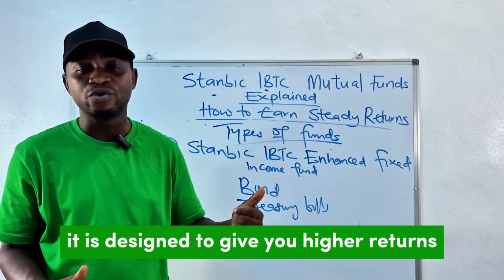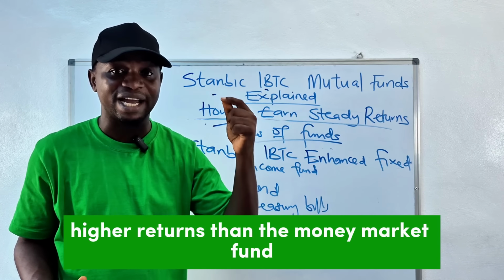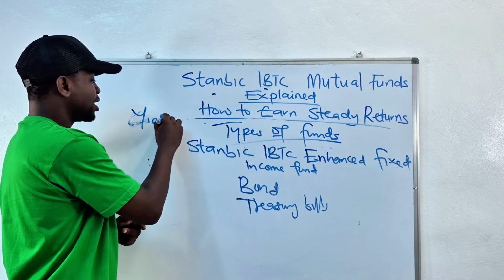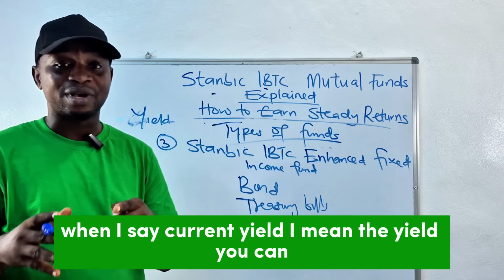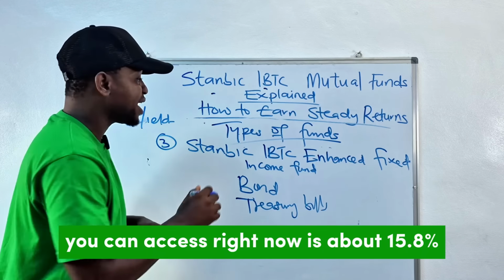It is designed to give you higher returns than the money market fund, but still with relatively low risk. When I say current yield, I mean the yield you can access right now, which is about 15.8%.